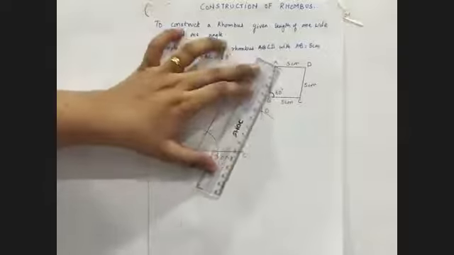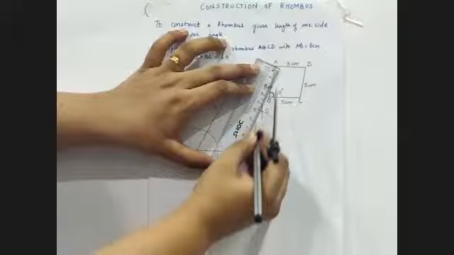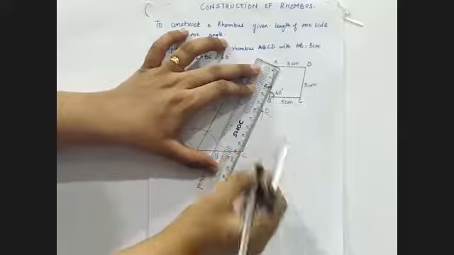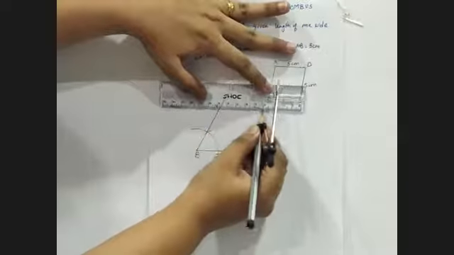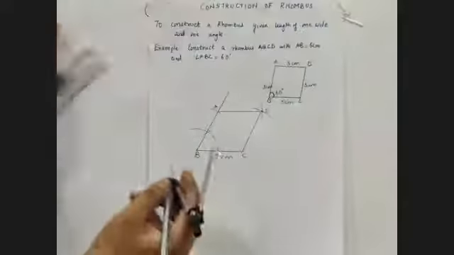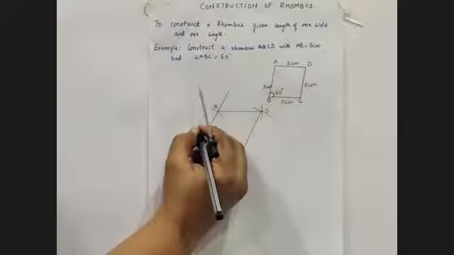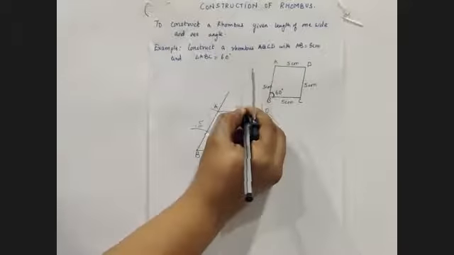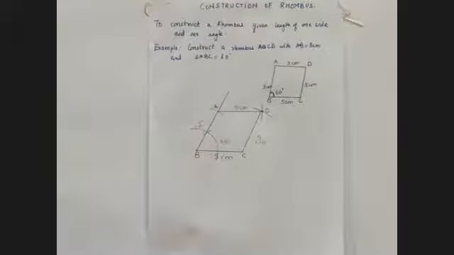We just have to join the vertices. So this will be my line segment CD and this will be my side AD. So this is 60 degree. This is 5 centimeter, 5 centimeter and 5 centimeter. So this is my required rhombus ABCD.